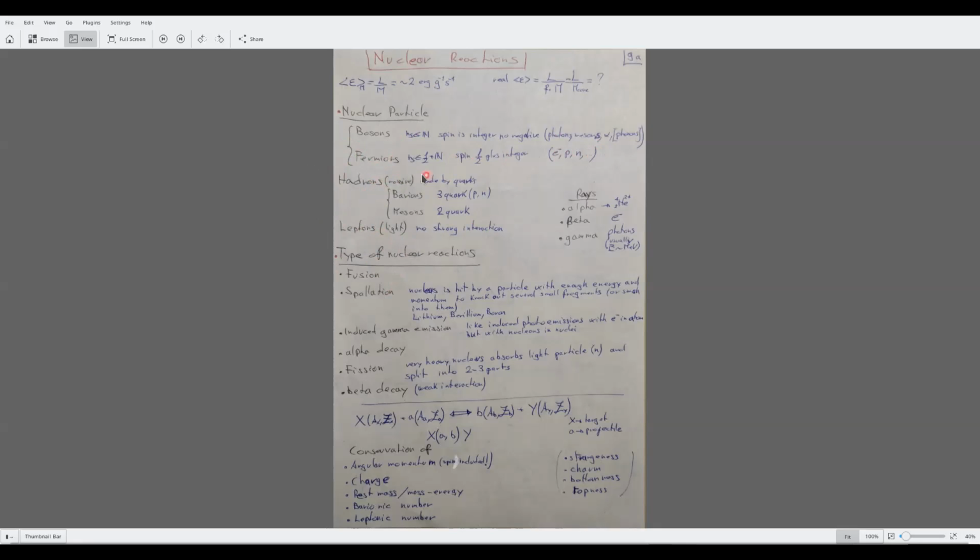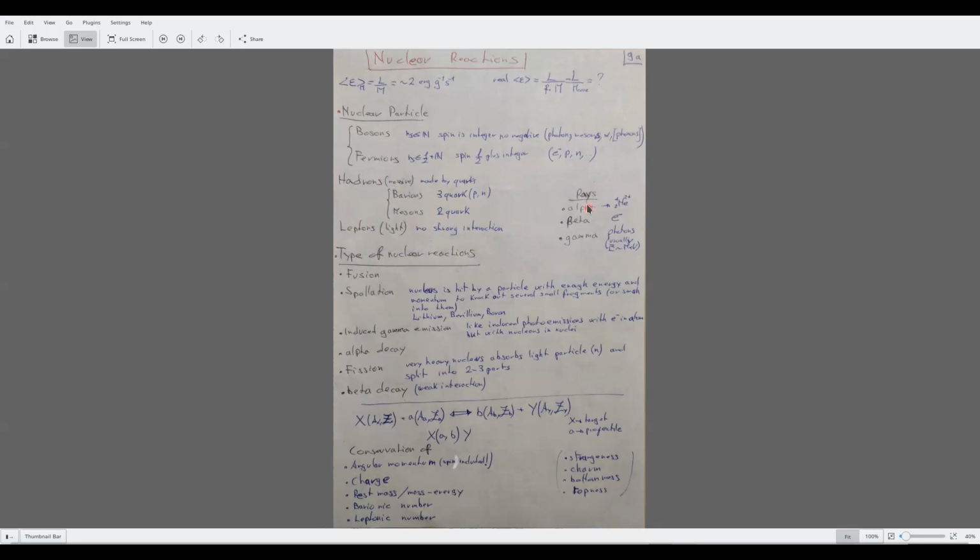Hadrons are mainly the ones that are made of quarks, and we have the baryons, what we see mainly. They are the combination of 3 quarks, like protons and neutrons, and the mesons, which are a combination of just 2 quarks. Leptons are the light ones, the small ones, like electrons, neutrinos, and so on. Smaller, not made by other particles, but just single particles.